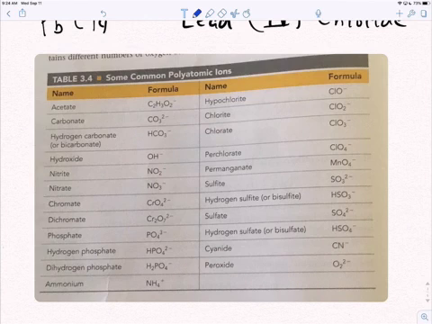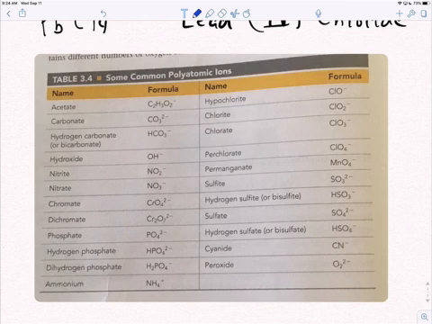So, soda. Soda is CO3, sorry. Like washing soda is sodium carbonate.